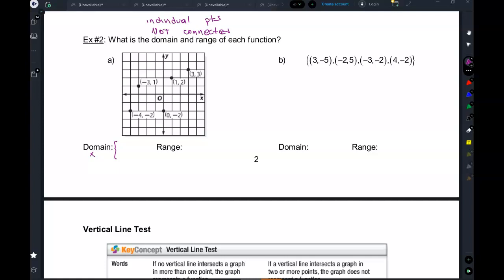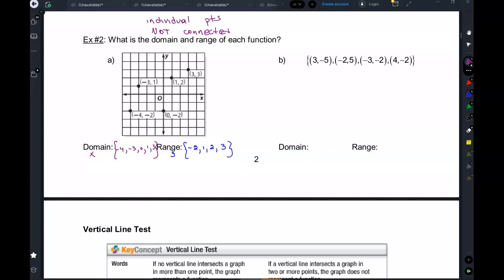So -4, -3, 0, 1, 3. The range is going to be all the y values. So here I have -2 twice. I only write it one time. 1, 2, 3. All right.